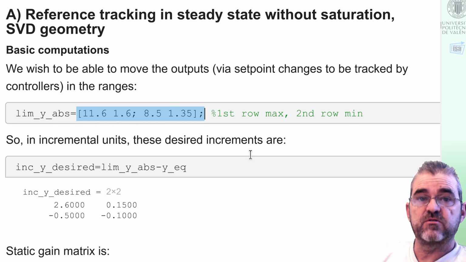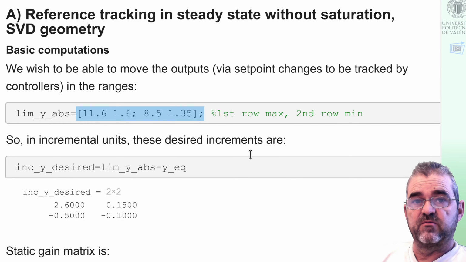My end user wishes to increase or decrease the references from the operating point so that they range in these intervals in absolute units. First row, upper limit, second row, lower limit.